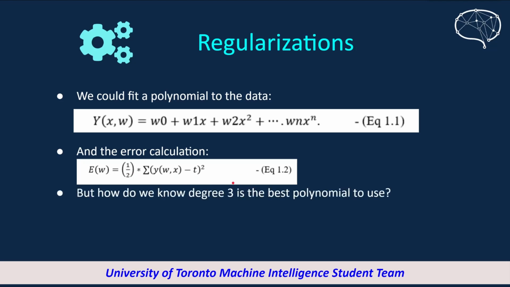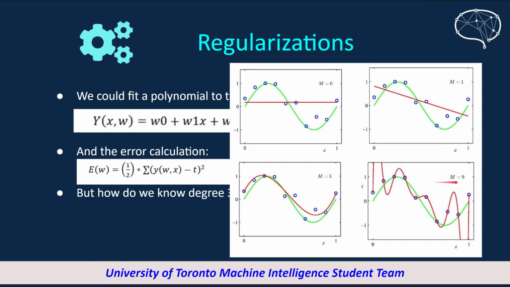But how do we know degree 3 is probably the best polynomial to use? For example, we only use the first 4 parameters for the model and just assign 0 to all of the other degrees. But how do we know that? Can we actually do that? Remember in this graph, a degree 9 polynomial will be very complex, and it's definitely overfitting. But degree 3 is the best one.